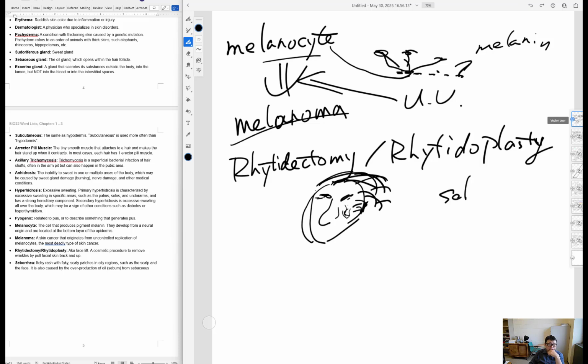Lastly, seborrhea. Seborrhea happens mostly where there are a lot of sebaceous glands, which may produce a lot of skin oil.